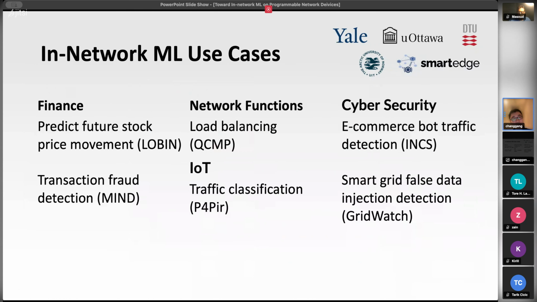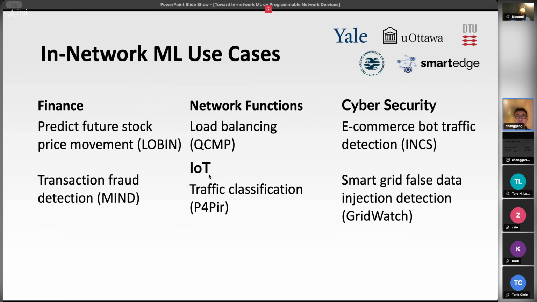Early adopters have already applied our in-network machine learning mappings, frameworks, and deployment strategies to a range of use cases. For example, finance-related applications like predicting future stock price movement and transaction fraud detection. For network functions, they use in-network Q-learning for load balancing.